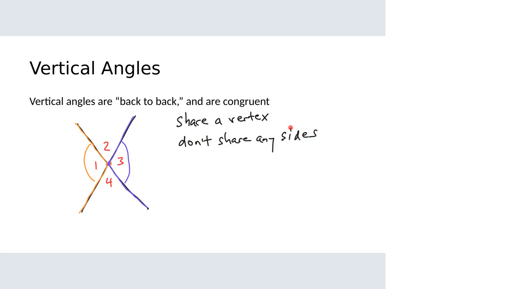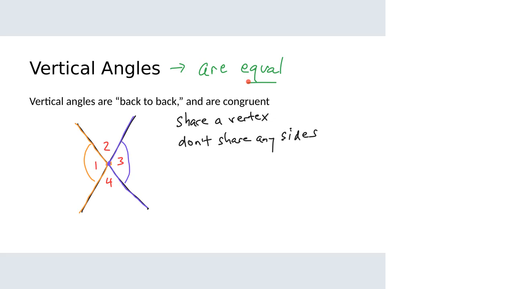One thing that's really useful and valuable about vertical angles is that they are equal to each other. This will be important for us later on when we start trying to find angle measures in a picture that has a bunch of different angles in it.